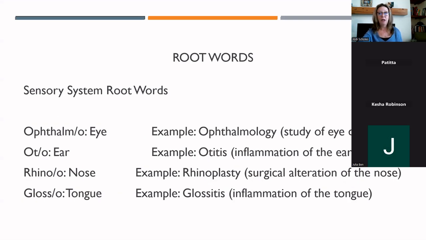All right, so root words of our five senses. Ophthalmology, ophtho, eye. Ology, the study of.